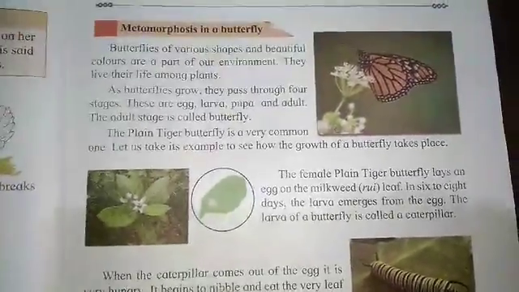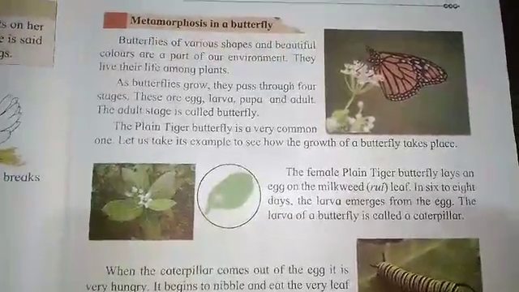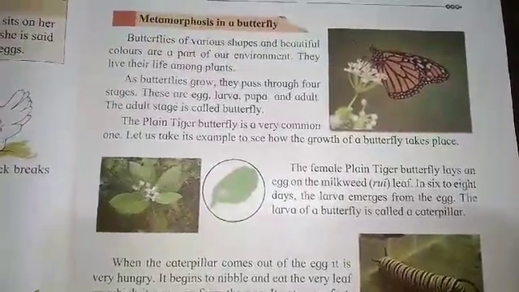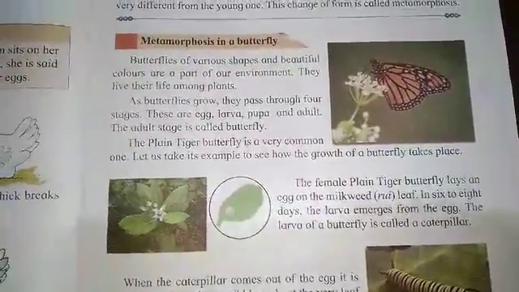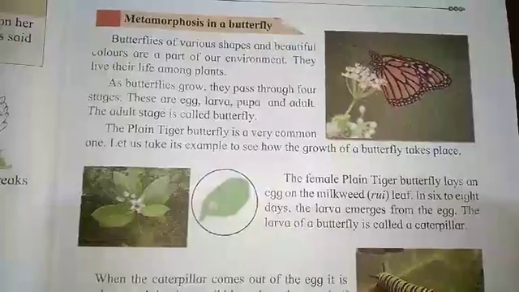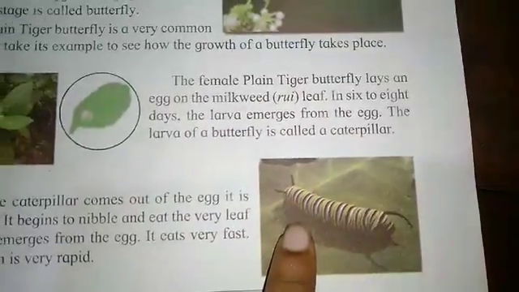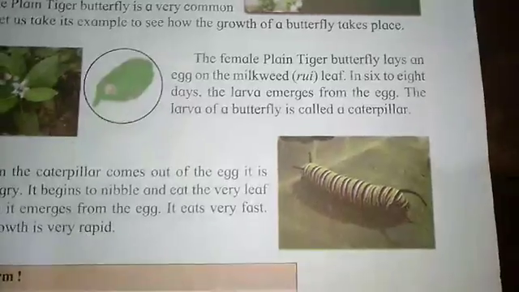Same, the eggs get warm and cool, and in good environmental conditions the eggs hatch, and a larva of a butterfly emerges. It comes out looking like that, and this larva is called a caterpillar.